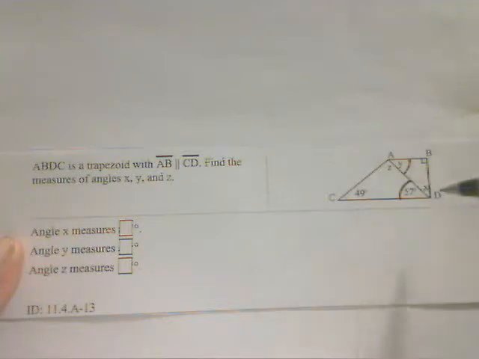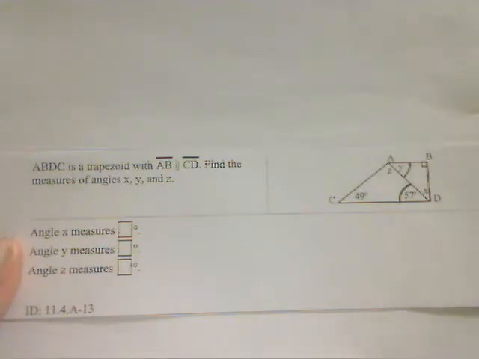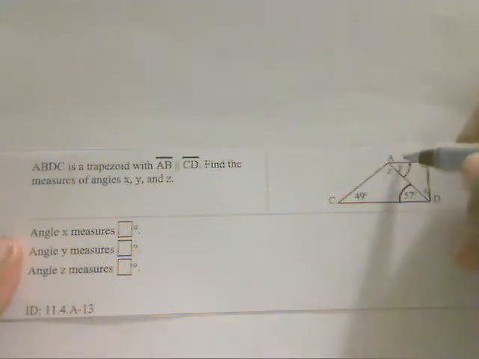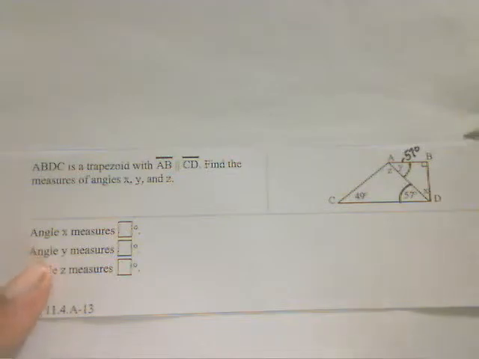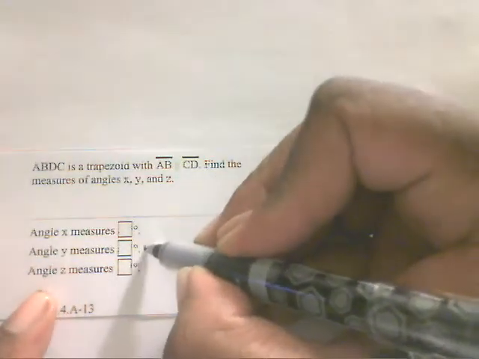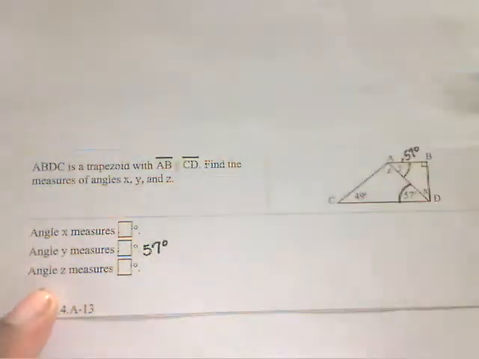AB is parallel to CD, and the transversal is AD. Angle Y and the 57-degree angle, those two angles are alternate interior angles. And of course, when you have two parallel lines cut by a transversal, that means that the alternate interior angles are equal to each other. So if this angle is 57, then angle Y must also be 57 degrees. So here angle Y measures 57 degrees.